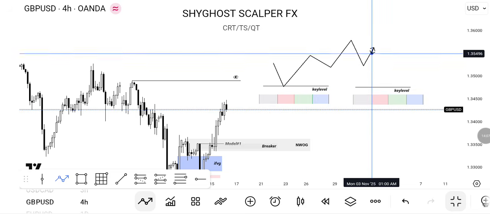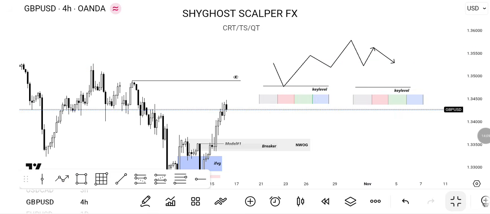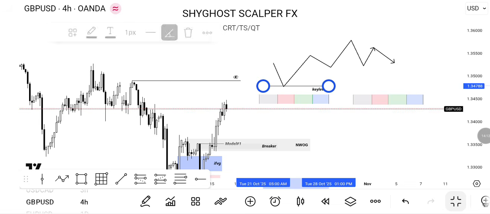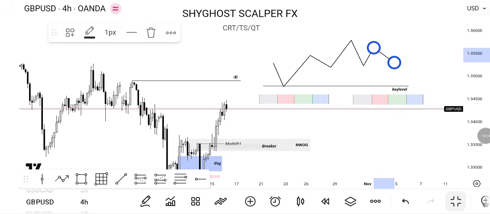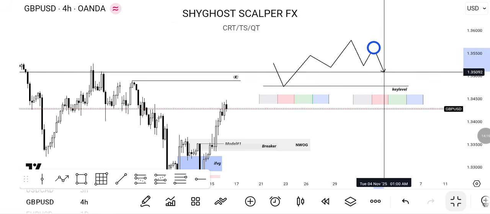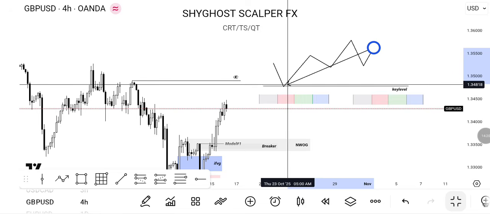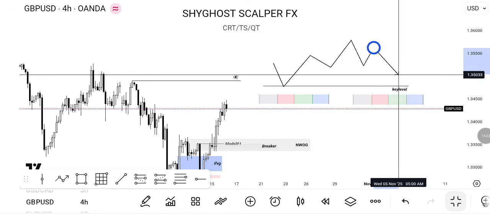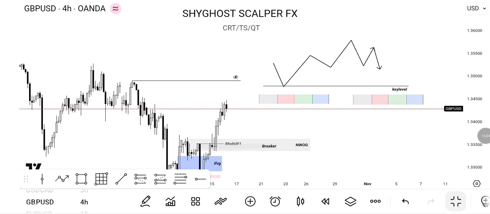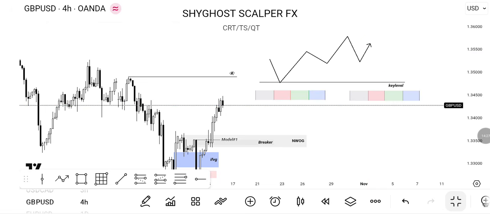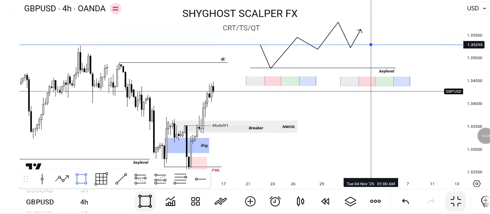So let me do this so that you don't get lost, right? So it's doing this. It's coming here. Remember, this key level got created at Q2, right? And then as price comes here, it's giving us a CRT here.